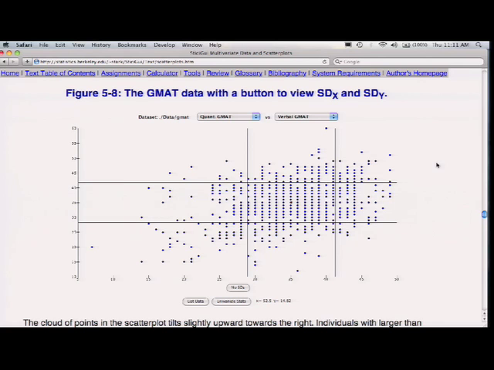These horizontal ones are at the vertical mean plus or minus 1 standard deviation, I believe, of the vertical variable, and the vertical lines are at the horizontal mean plus or minus 1 standard deviation of the variable that's plotted on the x-axis. So this again is the point of averages. The coordinates of that red square are the average of x and the average of y.